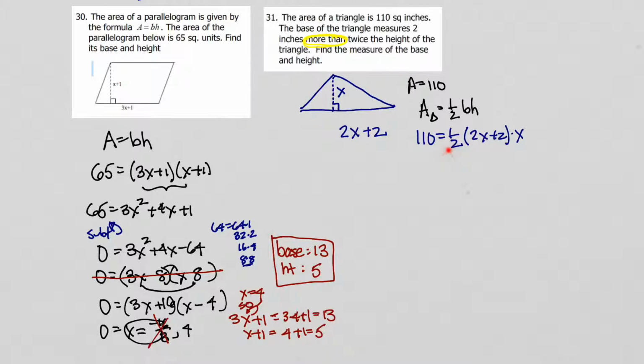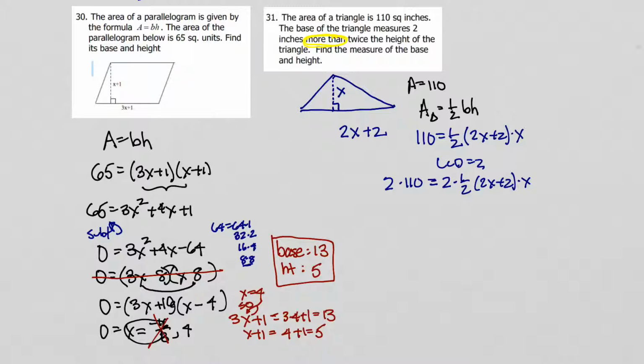The equation has a fraction in it, and we know how to handle these fractions, right? You get the LCD, and you write the LCD in front of every term. So let's see what we have here. I'm claiming that the LCD is 2, so I'm going to write the 2 in front of this term and in front of this one. Here's what it looks like: 2 times 110 equals 2 times 1/2 times (2x plus 2) times x.